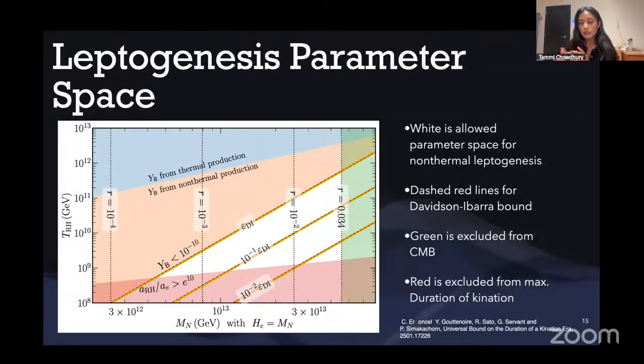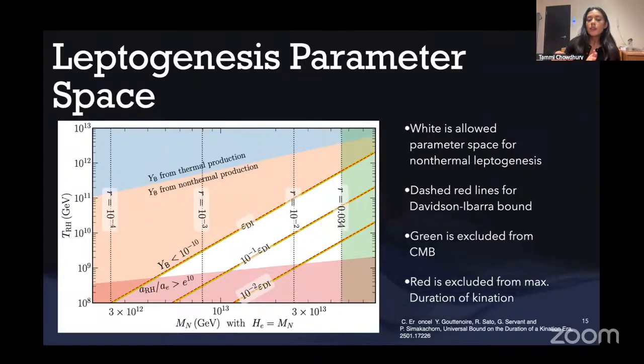In green, this is also an exclusion from CMB data. This is showing us the r value, the tensor-to-scalar ratio, so that's also excluded. And in the red dashed lines, we show the Davidson-Ibarra lines.